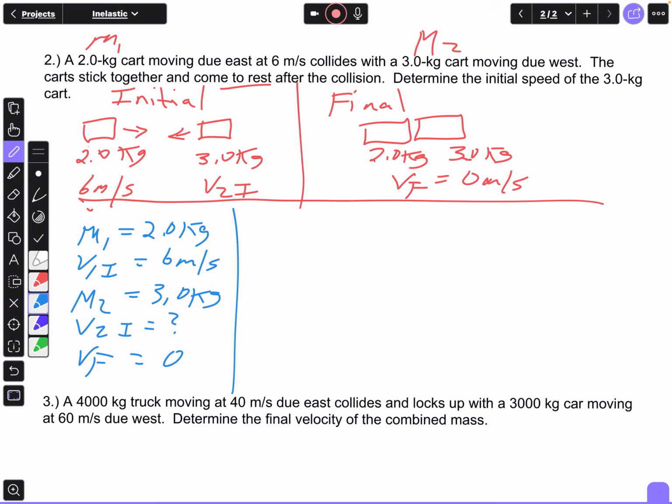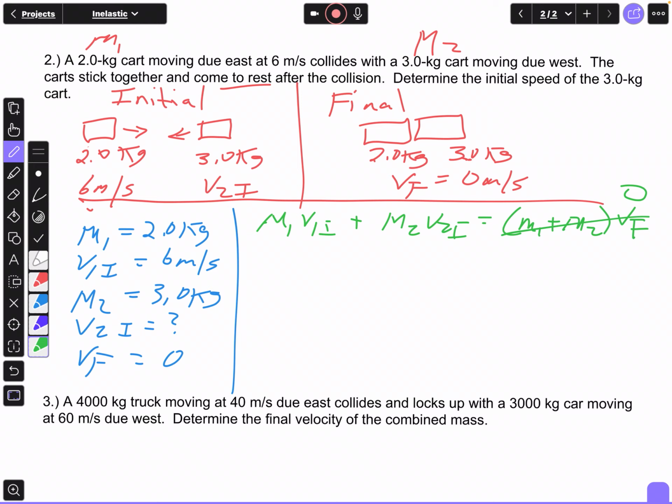Next, I need my equation. M1 V1I plus M2 V2I equals M1 plus M2 times VF. Now, if you notice, VF in this case is going to be 0. If that equals 0, this whole side of the equation is going to equal 0, which is going to shorten it up for me.